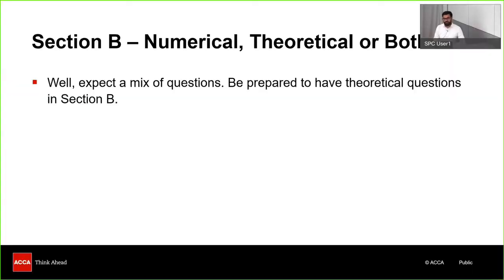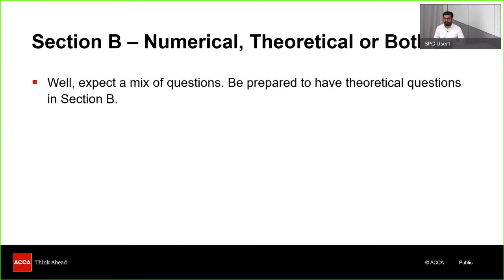So now again, the same question we have, what to expect on exam day when it comes to section B questions. Would it include only numerical questions or theoretical questions, or would it be a mix of both? So here expect a mix of both styles of questions to be tested when it comes to section B of the exam.